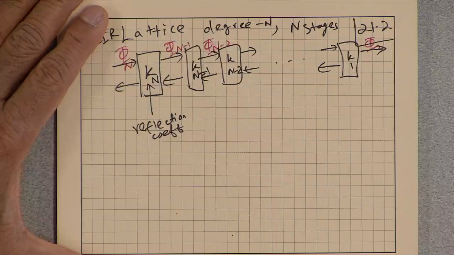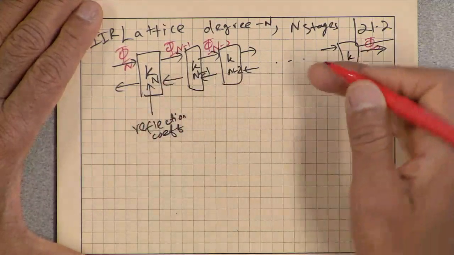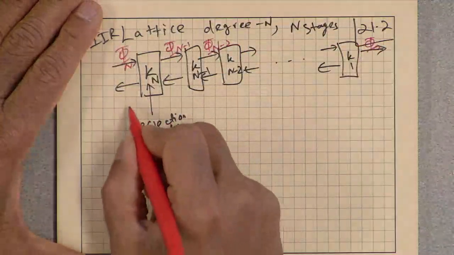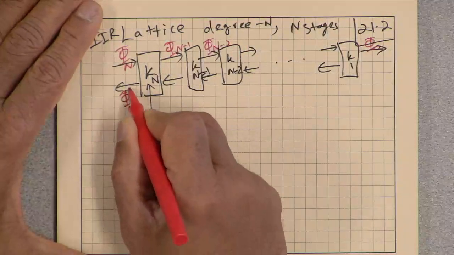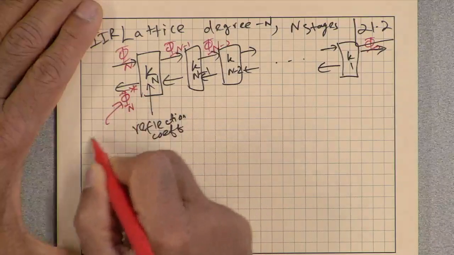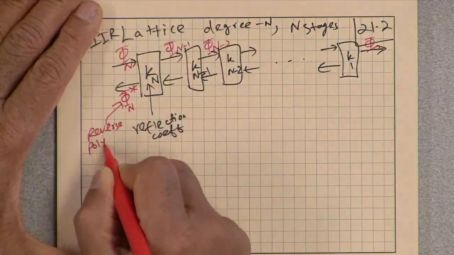Pn minus 1, etc. And the interconnection going from right to left is what is called the reverse polynomials, and we'll define what these are. These are called the reverse polynomials, the star polynomials.